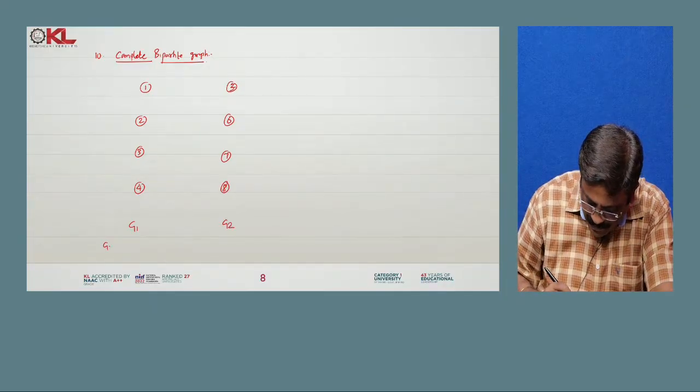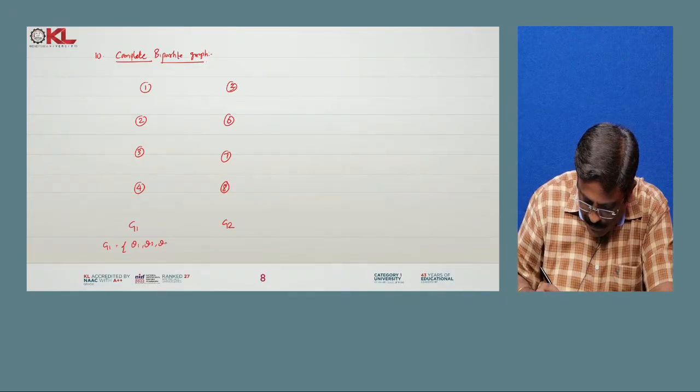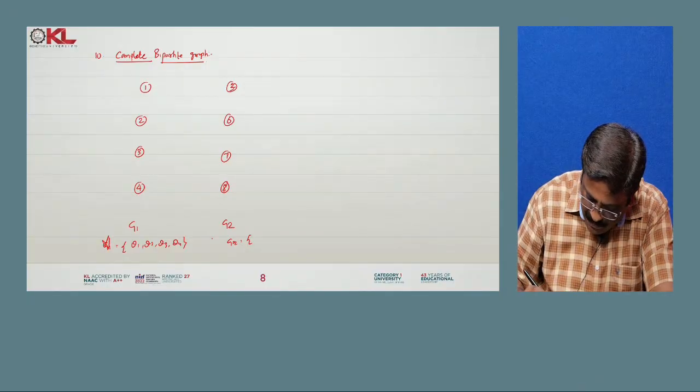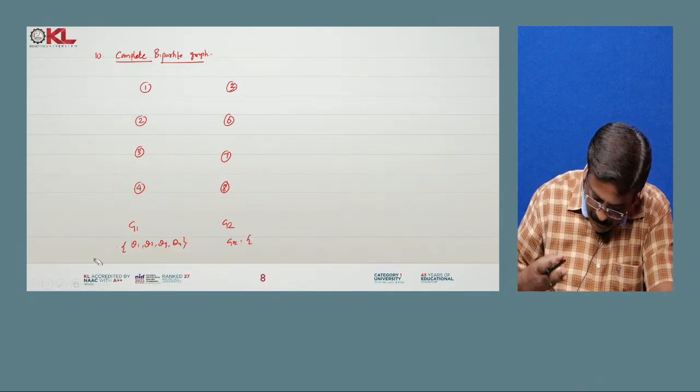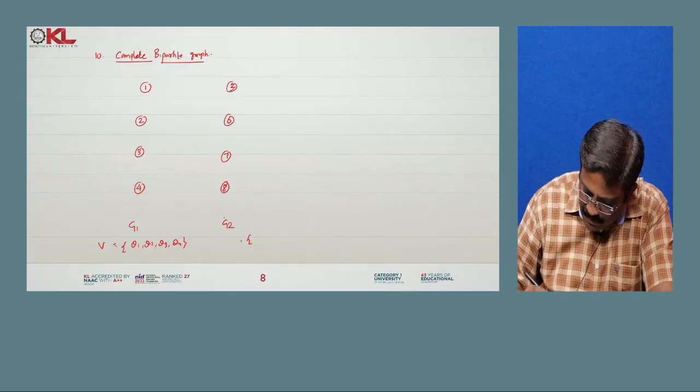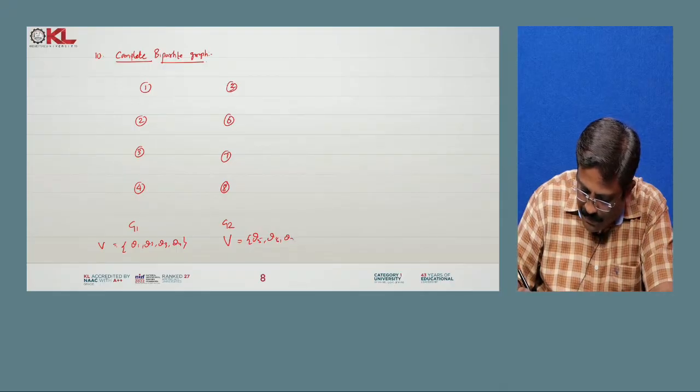As I said, G1 has the set of vertices V1, V2, V3, V4. Here G2 has vertices, capital V meaning vertices, V5, V6, V7, V8.